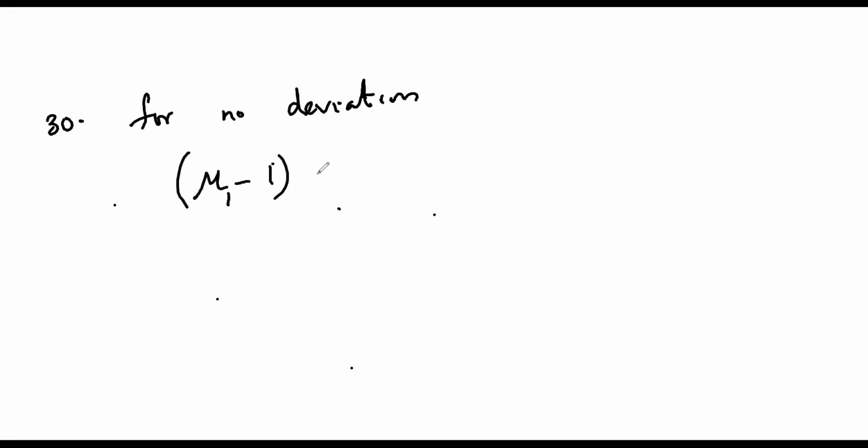Question number 30, for no deviation, it's a simple formula only you are using here. Mu minus 1, or mu1 you can take: (mu1 minus 1) into A1 plus (mu2 minus 1) into A2 is equal to 0.